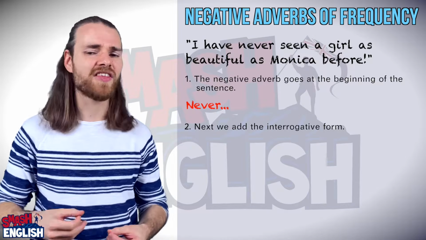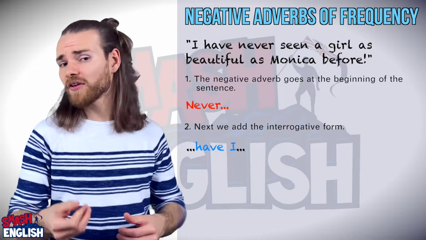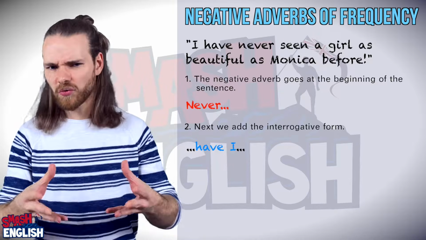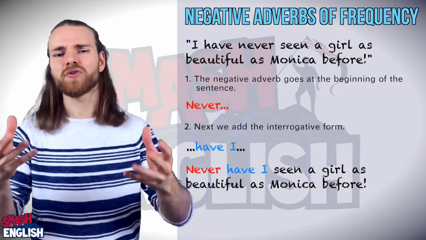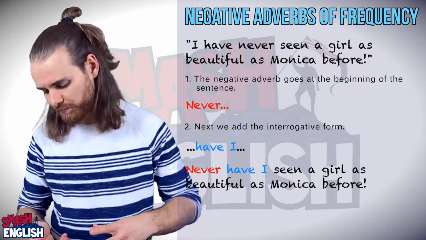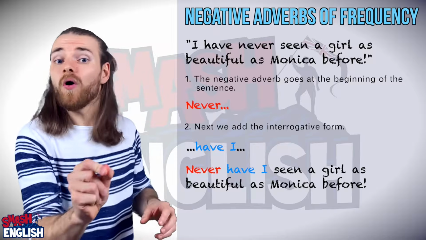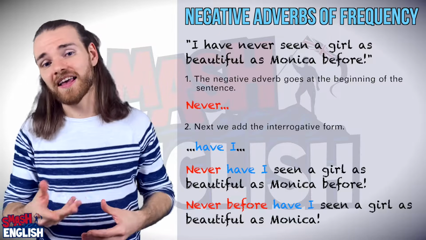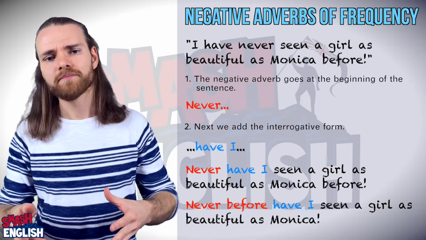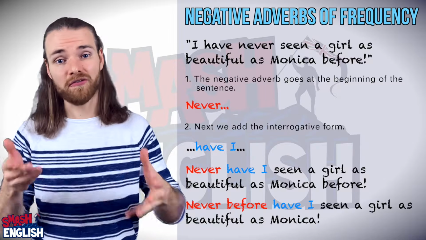This means we need the auxiliary verb, have, plus the subject. So then, never have I seen a girl as beautiful as Monica before. Or you could say, never before have I seen a girl as beautiful as Monica. Both of these are fine.